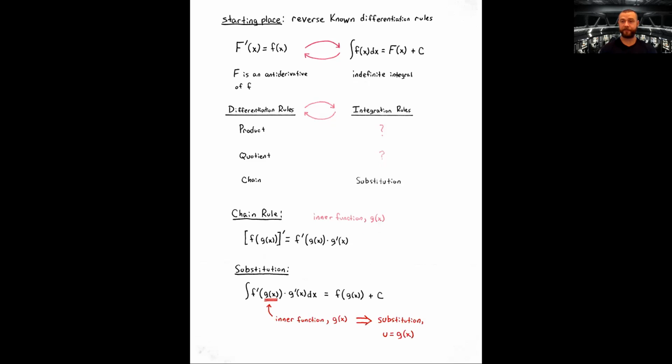And if we do that, rather anticlimactically, we get the substitution rule stated here. If we integrate f prime of g of x times g prime, that should come out to equal f of g of x plus a constant, since that's basically reversing the chain rule.